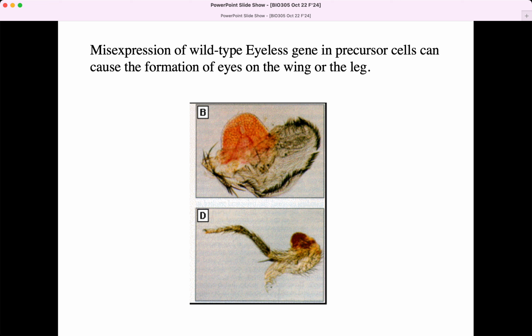It's a fascinating gene because of that. And it's also fascinating because there's an ortholog of it in every animal that has eyes, but before this gene was discovered, evolutionary biologists had looked at the variety of eyes on our planet, which are very diverse.